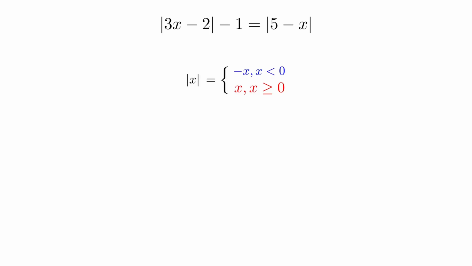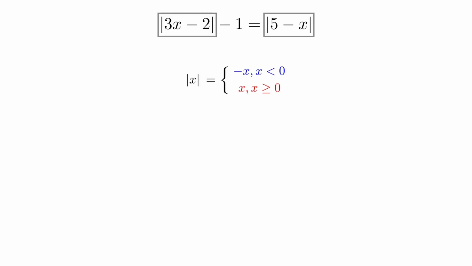So we're going to take this concept and split up our absolute values. We have two: the absolute value of 3x minus 2 and the absolute value of 5 minus x. We're going to split those up into a negative and positive version. Let's start off with the absolute value of 3x minus 2.